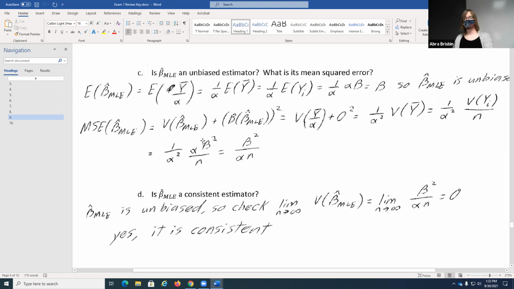So that is alpha times beta squared. So we have 1 over alpha squared times alpha beta squared over n. So that is beta squared over alpha times n, our mean squared error for this estimator. Questions about that?